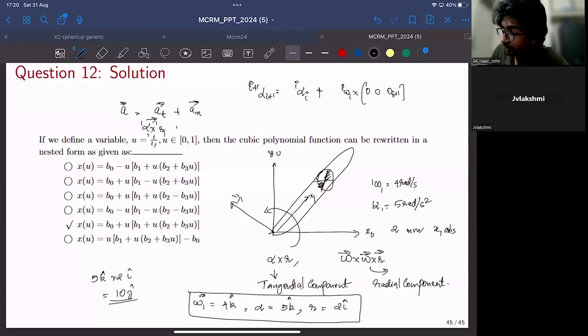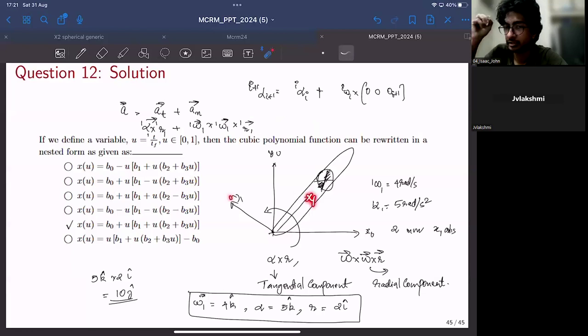And the centripetal acceleration would be 1 omega 1 cross 1 omega 1 cross 1 r1. So alpha is K, and R is in the I direction, the I direction of these x1 y1 coordinates.